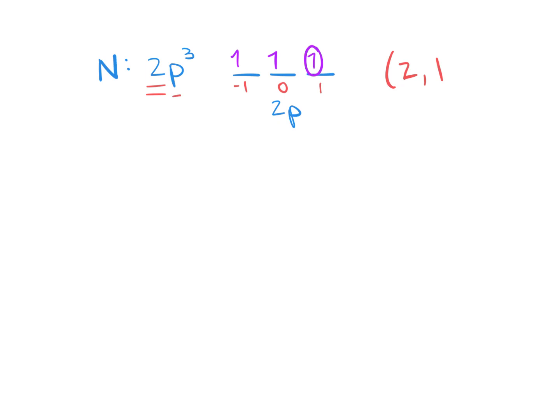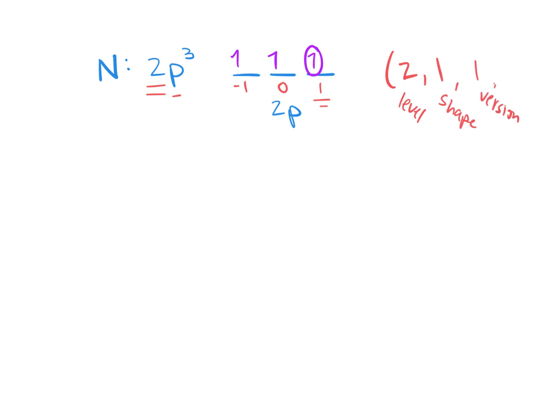So I've done 2P. Now the third part tells me what? What do you think? The shape? Not the shape. We already did shape. The orbital. Yep. Well, kind of, yep. Level, shape, version. Okay, the version of the orbital. So that is in this case, a 1. So this tells me version.